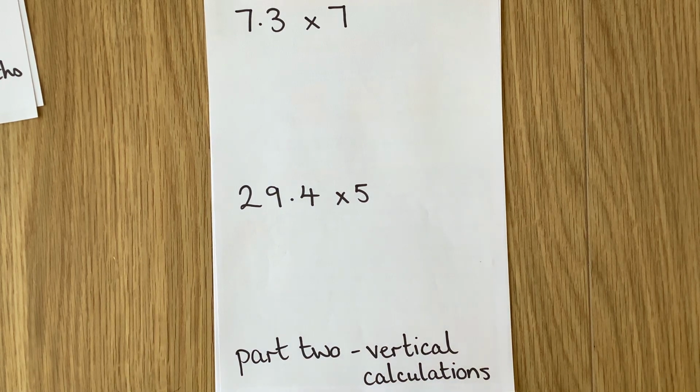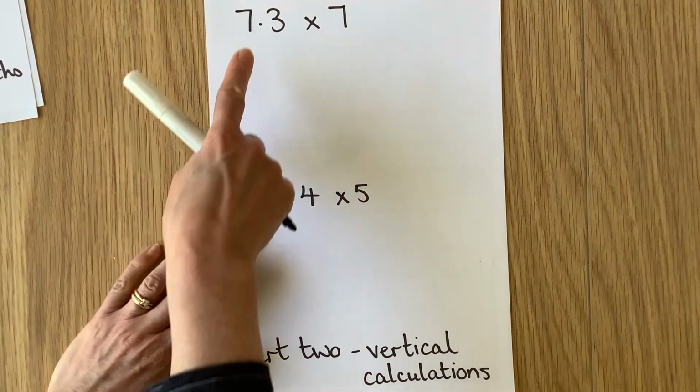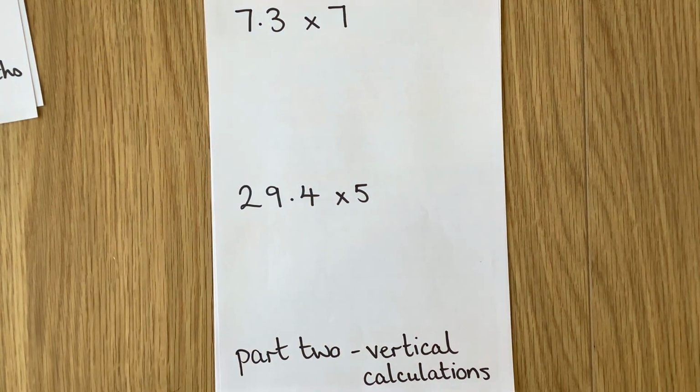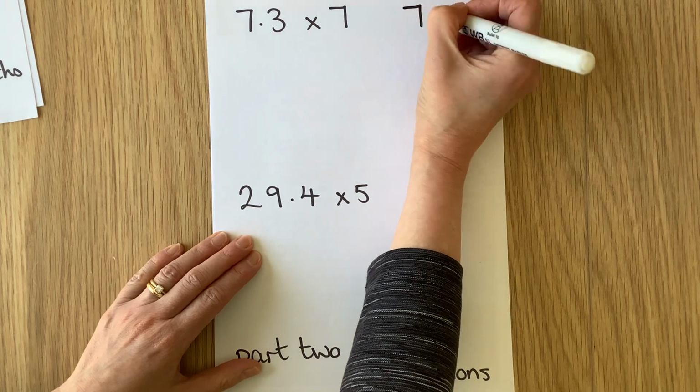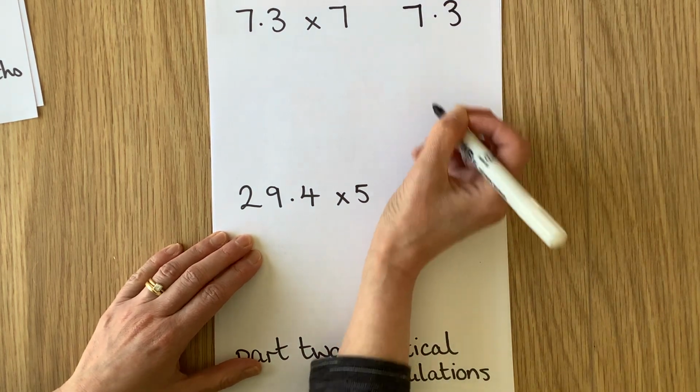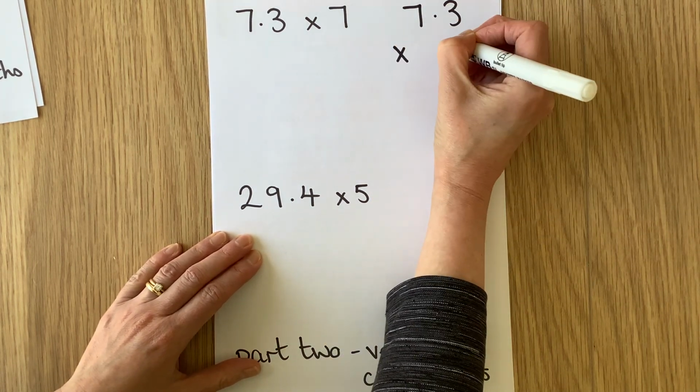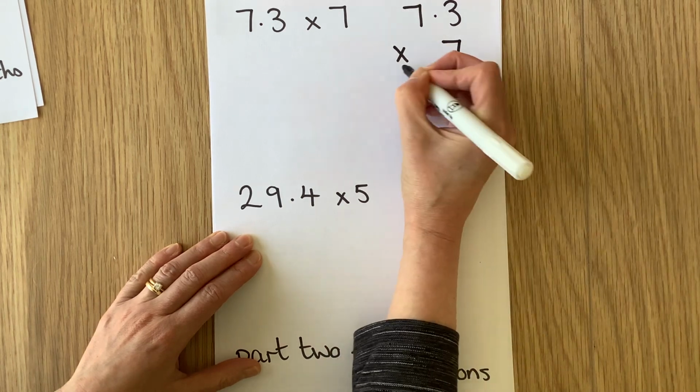Once you've had a go at those, then we're going to make the questions a little bit harder, but you're not going to have to do them mentally because we're going to practice doing these questions vertically. When the numbers get bigger, sometimes we'll have to write down the question. So 7.3 times 7. Well, if I wanted to write that out as a vertical calculation, I'm simply going to put my 7.3 on the top and I'm going to multiply it by 7.